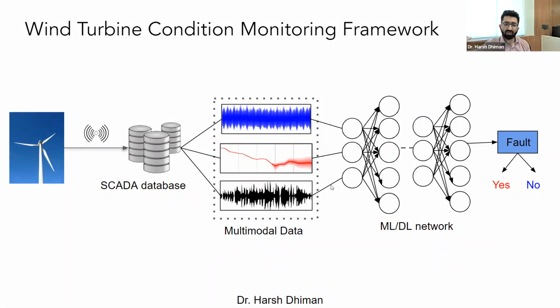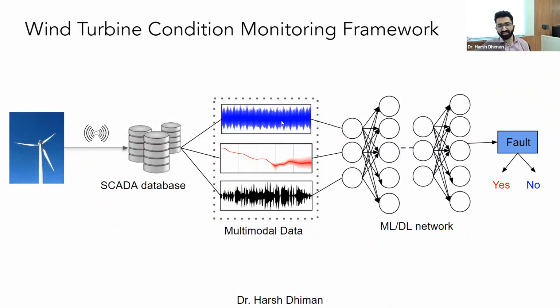Now, once you collect all this data, it becomes multimodal data. Multimodal data is essentially the data which you gather from different sources. Vibration is one source, operational SCADA is a different source, and your acoustic emissions are another source of data.